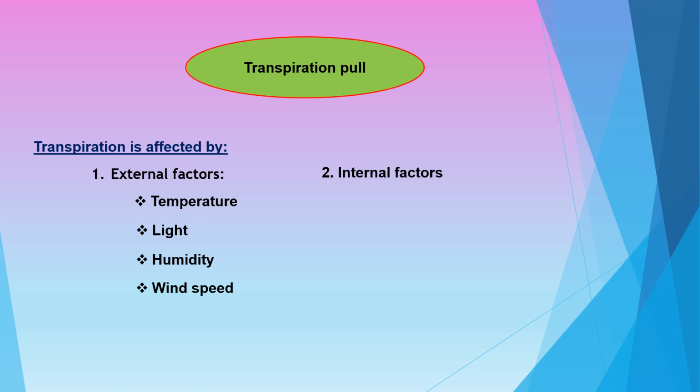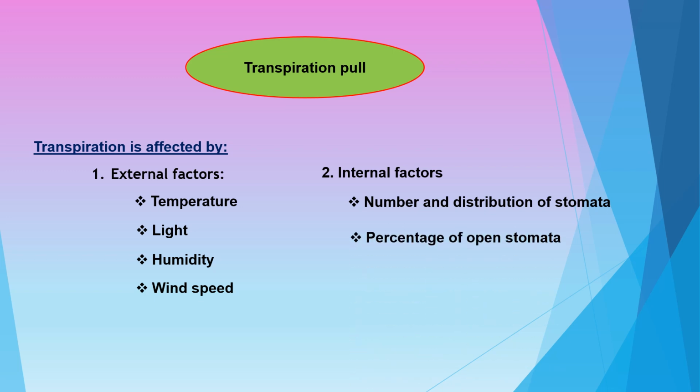The internal factors are the number and distribution of stomata, the percentage of open stomata, the water status of the plant, and canopy structure. Canopy structure means forest ecology, where the plant is present, the plant habitat.